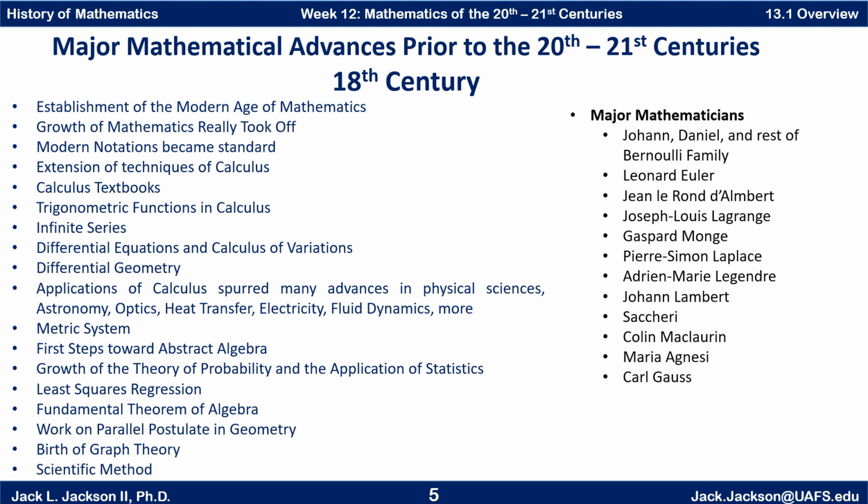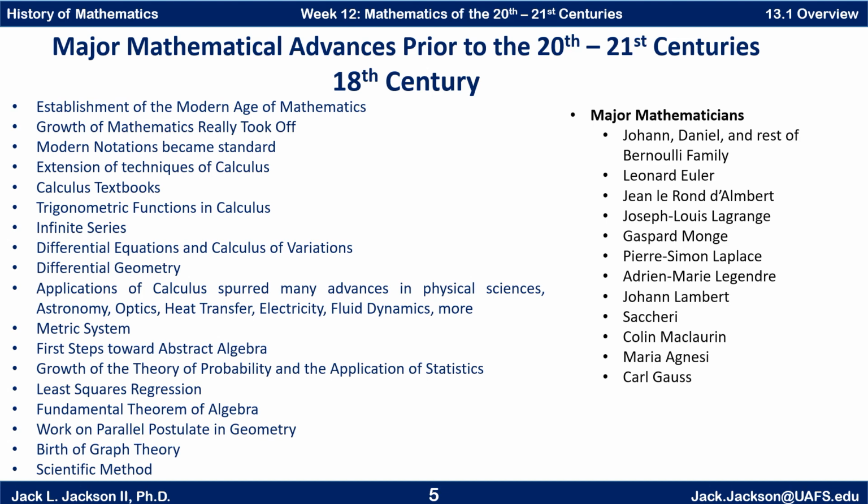We saw growth in the theory of probability and some initial applications of statistics, including establishment of the least squares regression techniques. Right at the end of the century, we have the fundamental theorem of algebra being proved by Carl Gauss, and there's some work on the parallel postulate in geometry, but not yet non-Euclidean geometry.